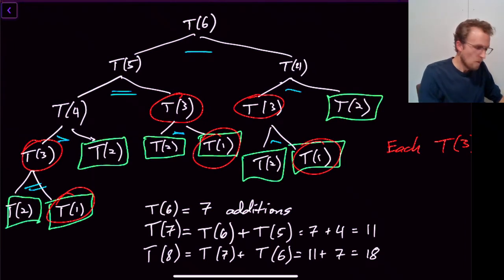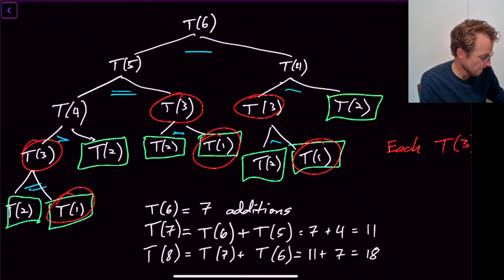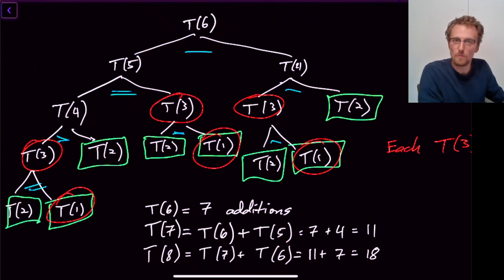No. What we should have done in this algorithm is when we first found T of 3, when we first had some recursive call ask us what is f of 3, it should have said, well, let's go compute that, and then let's put a pin in this that tells future versions of this algorithm not to compute f of 3 again. Like, let's save the answer we get.